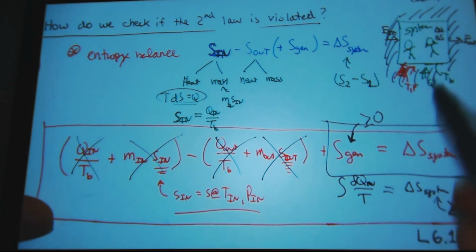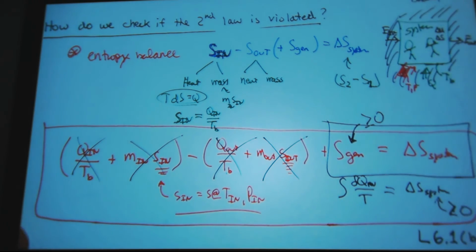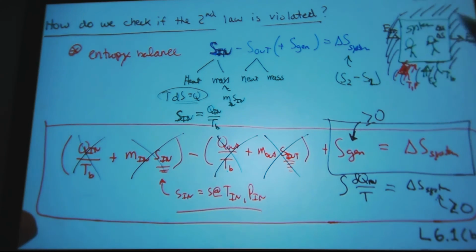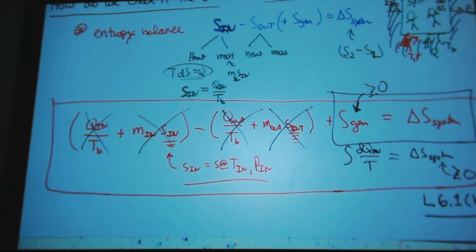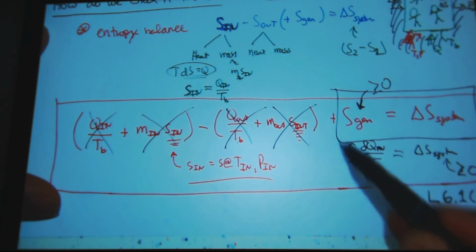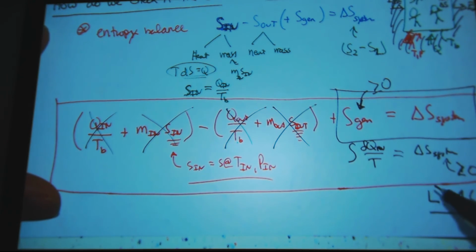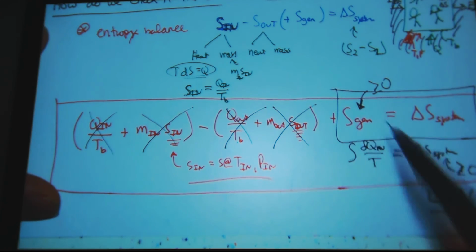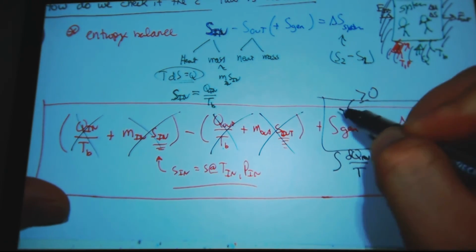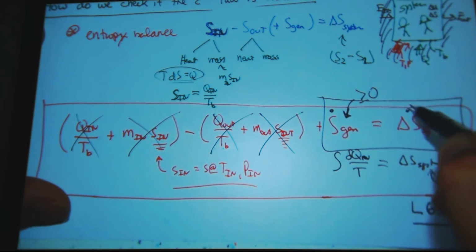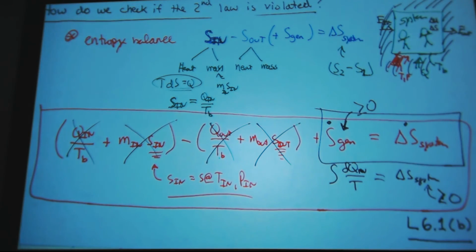So now let's say I have a system that is not isolated. So there's allowed to be heat and mass transfer. Do you think the entropy generated can be less than 0? No. So basically what it's saying is the isolated system defines the entropy generated, and it has to be greater than or equal to 0. And if I put this in rate form, I can do everything in rate form.